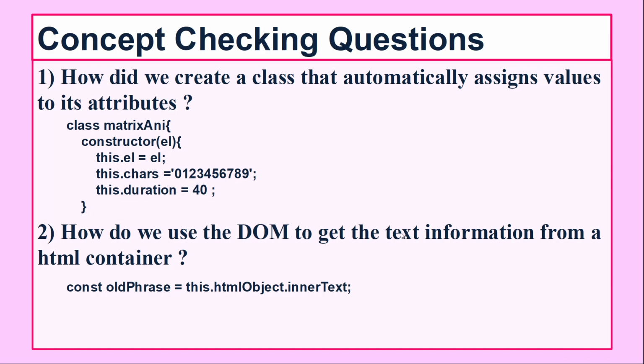How do we use the DOM to get the text information from a HTML container? Well, in this instance, we just use this HTML object dot inner text. But do remember that this HTML object, we have already retrieved that object from the DOM.